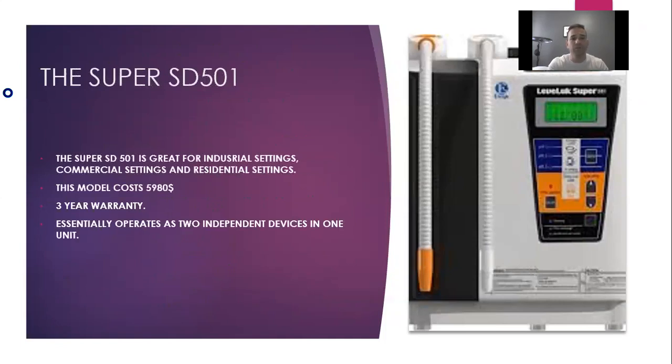It essentially operates as 2 independent devices in one unit. So this device has 12 plates. Okay, 12 large plates and a 720 watt power supply. But it's not one device like the K8 where it's using all 12 or using all 8. This is using 7. It has 7 plates for one device and 5 for the other.